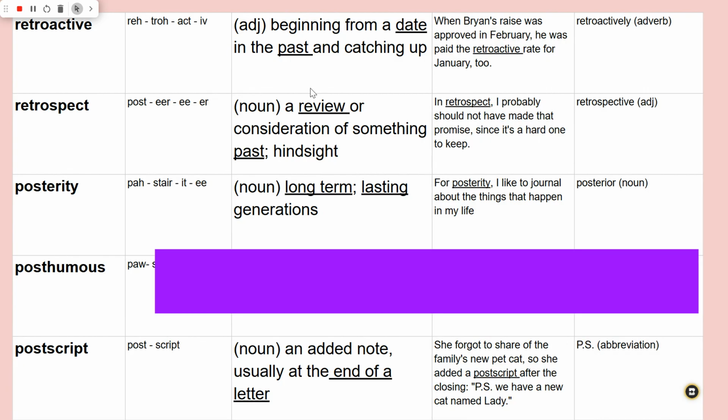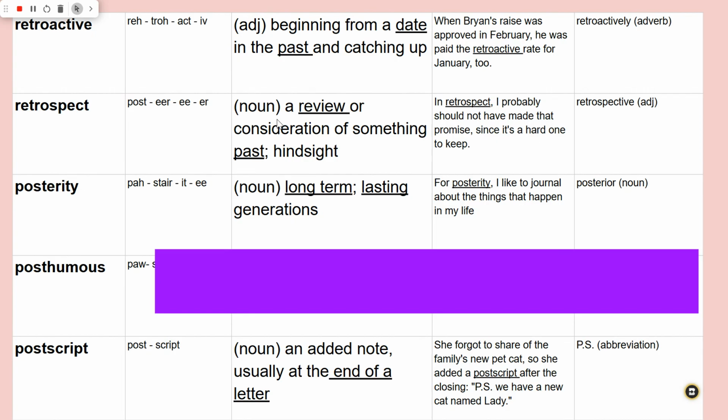So we might say, in retrospect, I probably should not have made that promise since it's a hard one to keep. So in this case, retrospect is suggesting that we regret something, or we reflect and realize that maybe we would do something differently in this sentence.